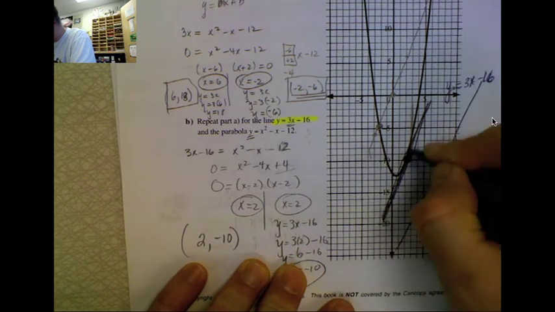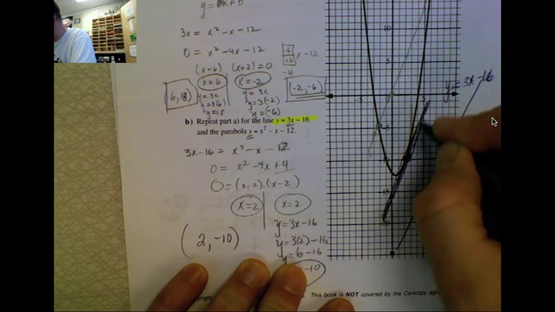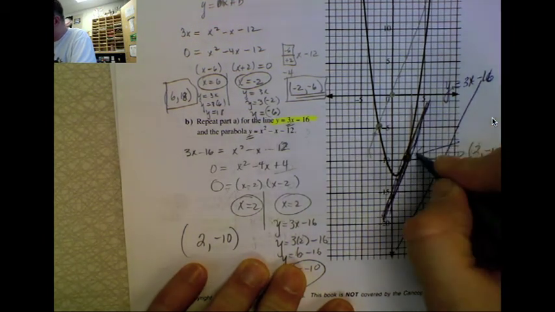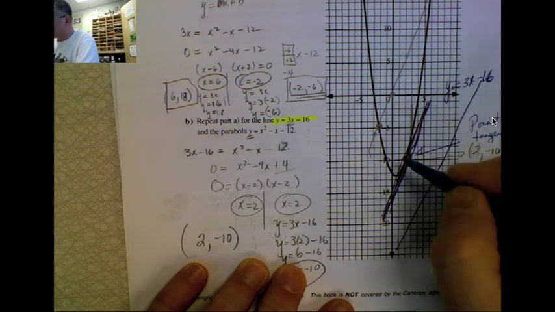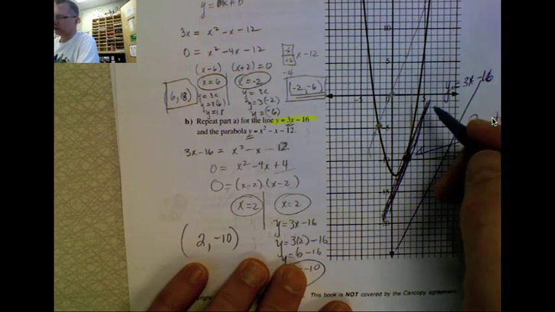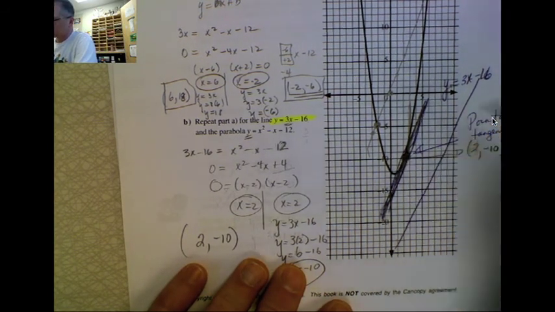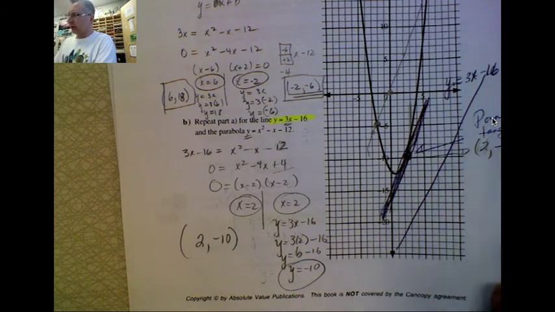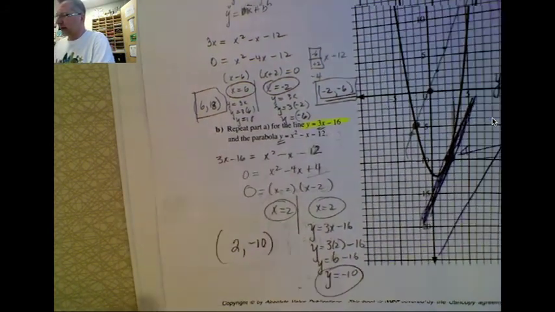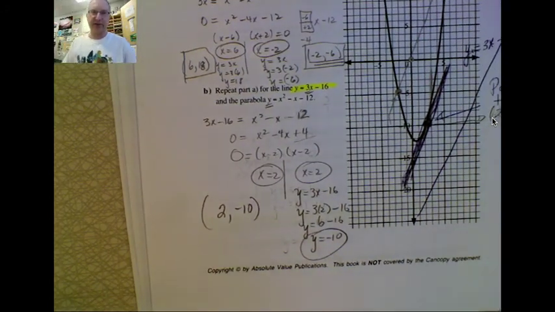It only touches this parabola at 1 point. And so that point is actually called the point of tangency. So if they talk about a tangent point or a tangent line, they're talking about a line that has only 1 point of intersection. So there we go. That's how you graphically and algebraically find points of intersection.